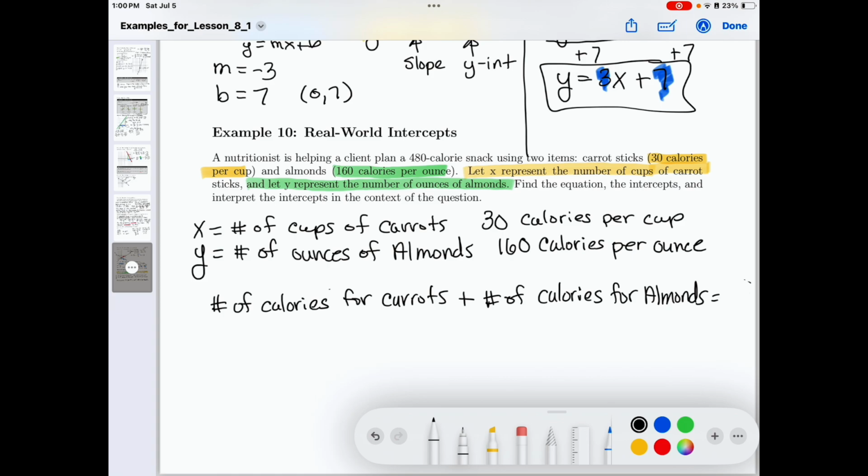When I add the two amounts for the calories together, we want a total of 480. How do we figure out the number of calories for the carrots?